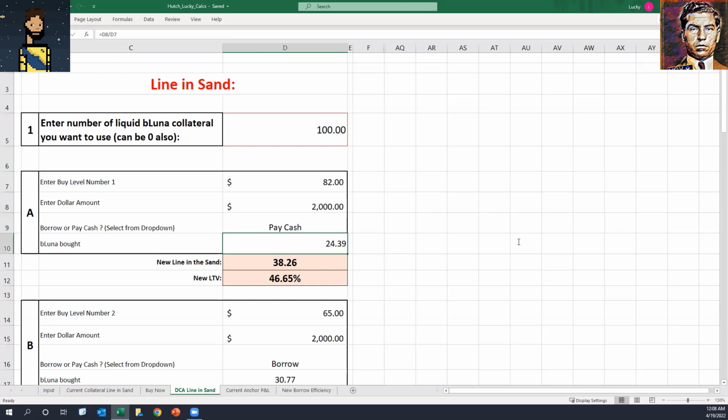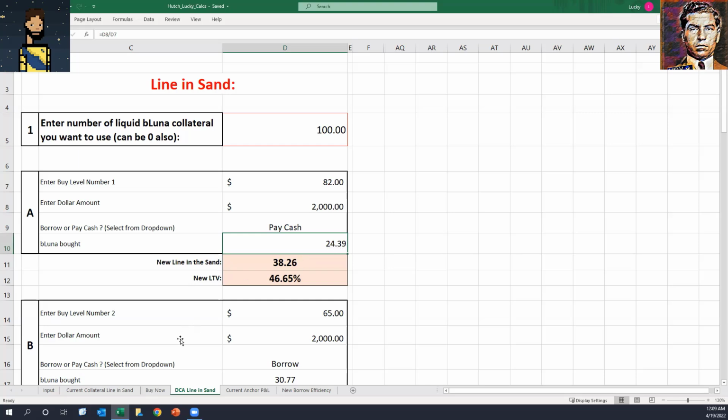You can see there's a little tab in case you wanted to borrow. You can either pay cash or borrow here. What we're going to pick here is pay cash. If we borrow, we see our line in the sand goes up, but we're going to pay cash. And we brought our line in the sand down to $38.26 because we bought 24.39 bLUNA.